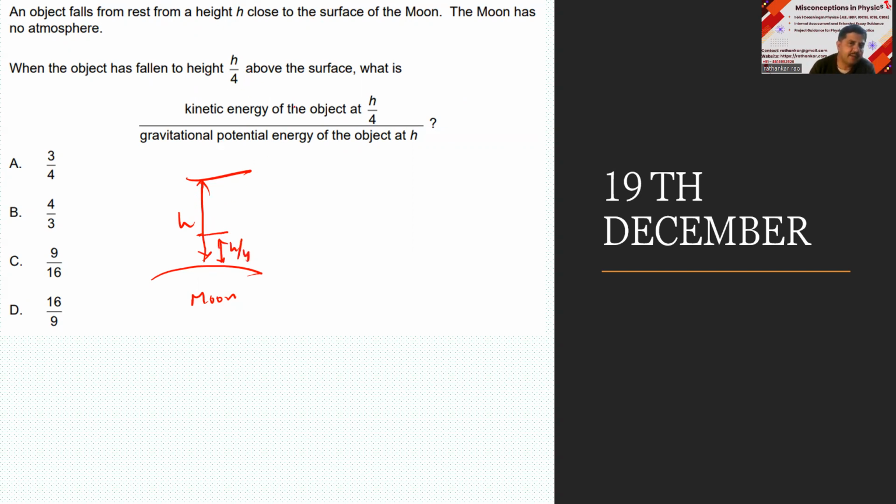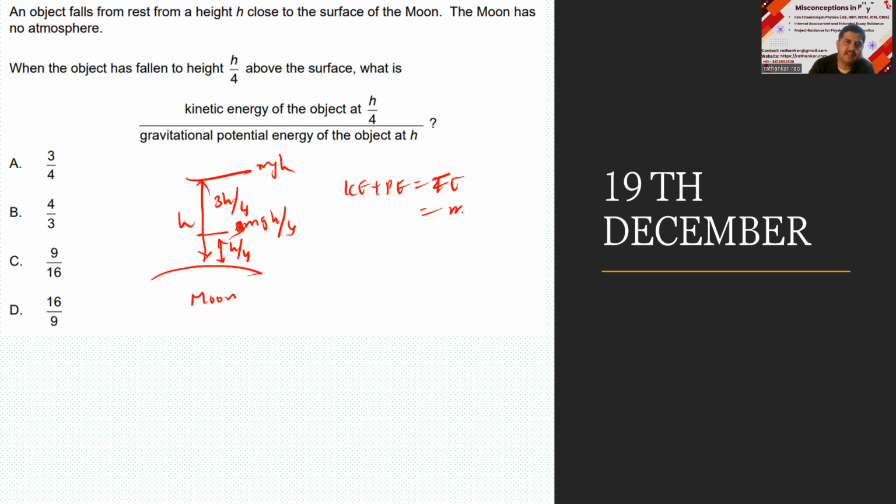What is the kinetic energy of the object at h by 4? This height is h by 4, so it has described a distance of 3h by 4 downwards, right? Its potential energy here was mgh. Here it is mgh by 4. As we know, kinetic energy plus potential energy is equal to total energy.